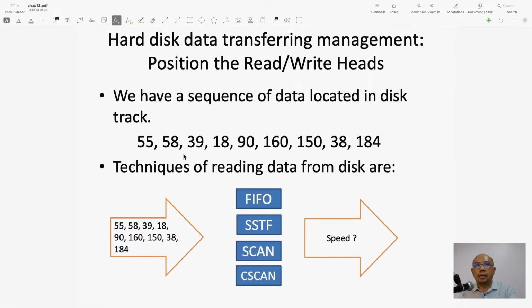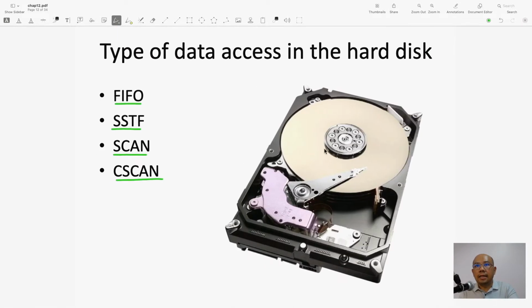Here, I suppose I have a sequence of data locations on the hard disk. Before we go into the detail, where is location 55? The hard disk is divided into circles and sectors.